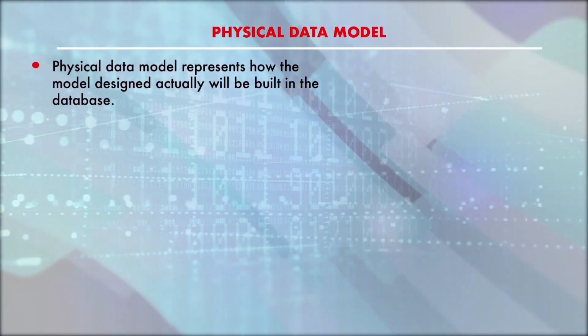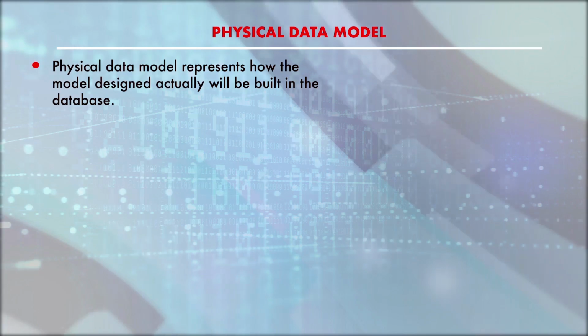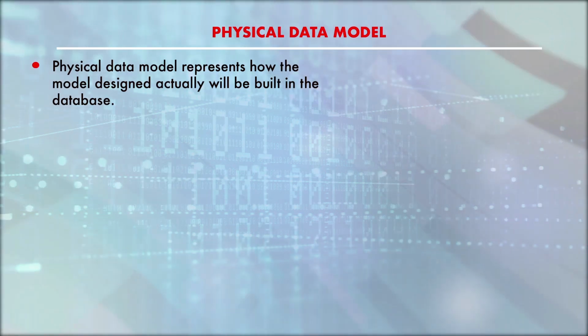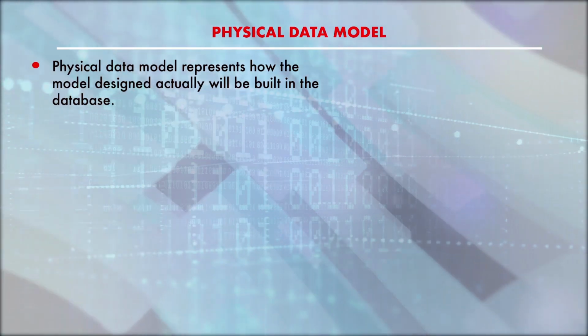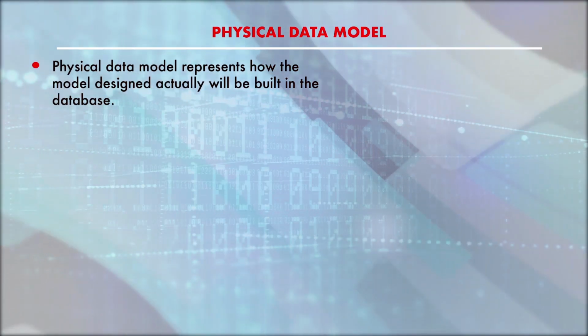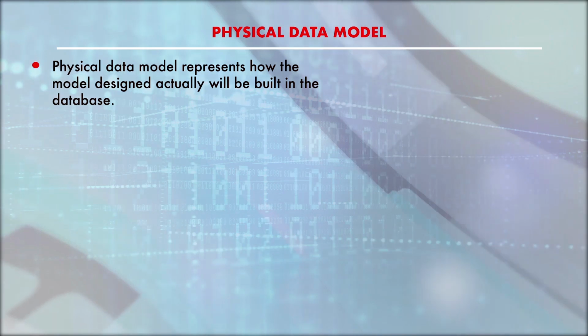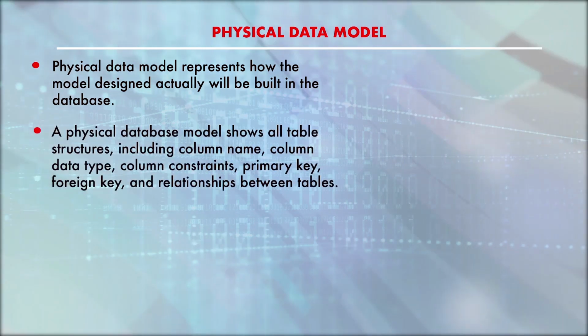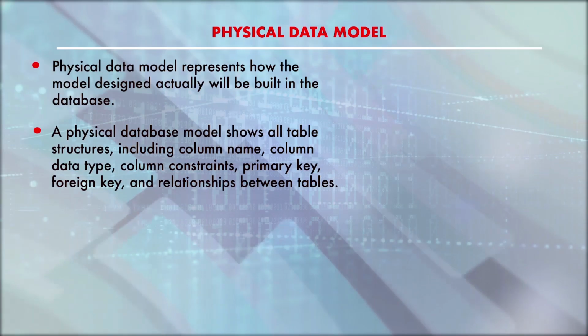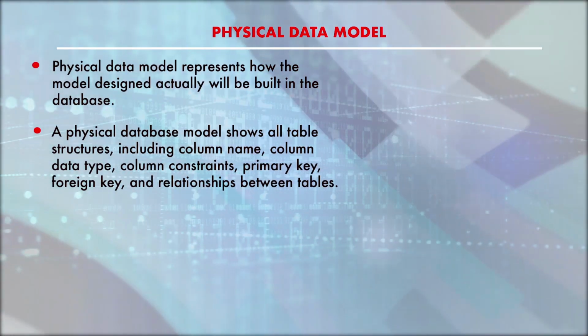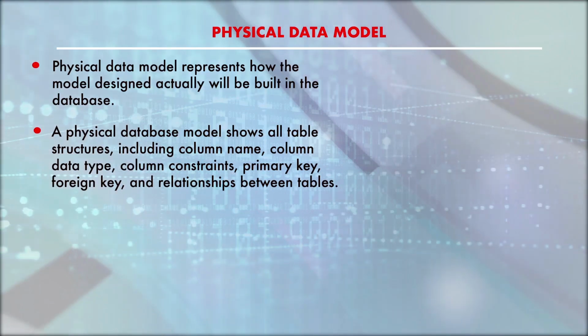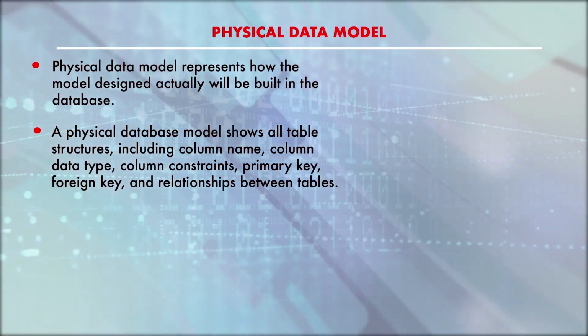Next comes the physical model. Basically, the physical model talks about how you will actually be writing code to implement that. So, the physical model represents how the design is actually going to be built into the database. A physical data model can be shown as all the table structures, including the column name, column data type, column constraints, primary key, foreign key, and relationships among the tables.